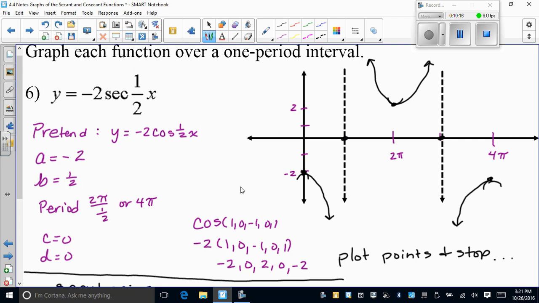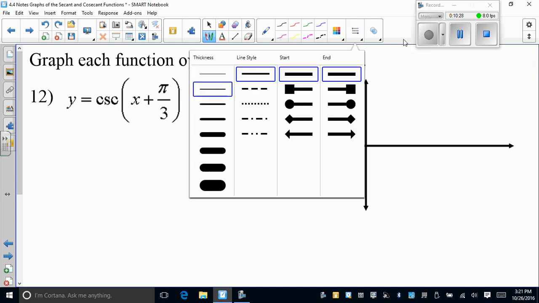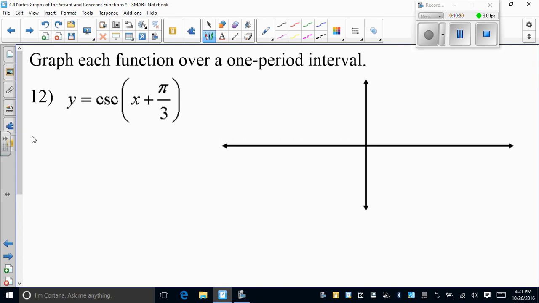Okay, let's try another example. This one is cosecant, so we are going to pretend that we are graphing sine, that this is y equals sine of x plus pi over 3.